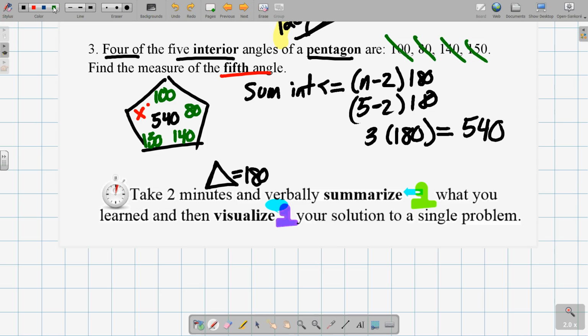So you go ahead and you add the other angles together. So I've got 180, that's 180. 140 and 150, that's 290.